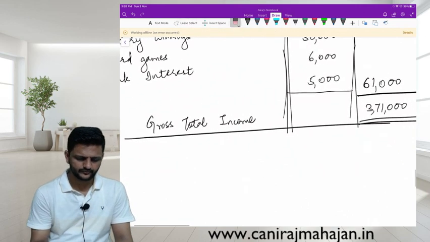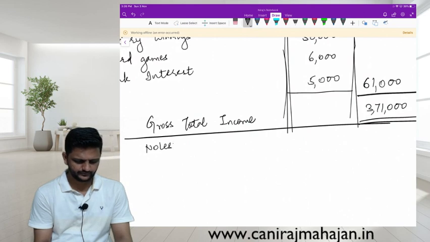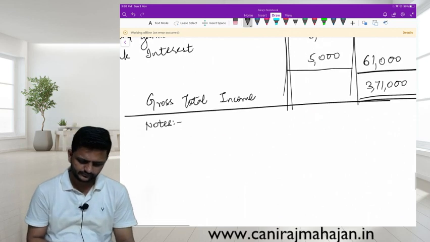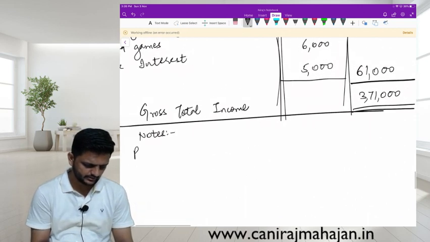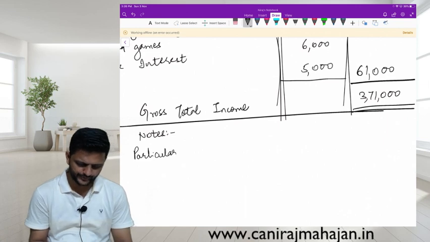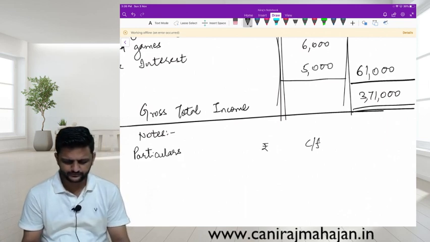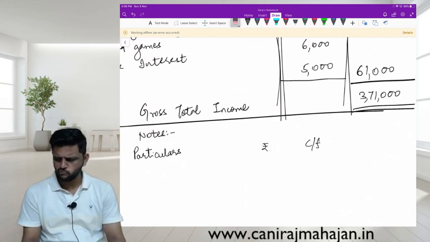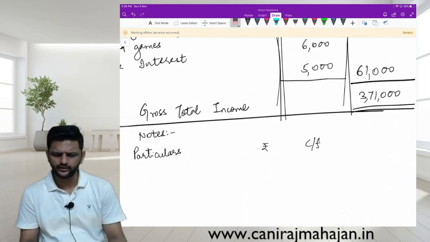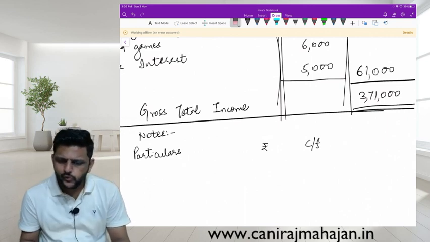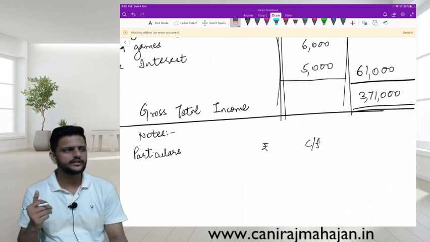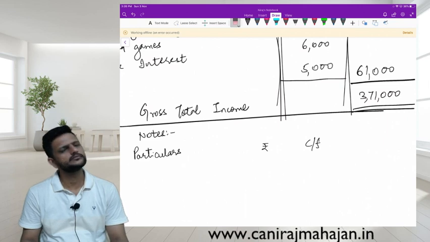Notes. Particulars. Rupees carried forward for number of years. There is only one: STCL under section 111A of rupees 10,000, and 20,000 of STCL. That is about 60,000 loss figure.